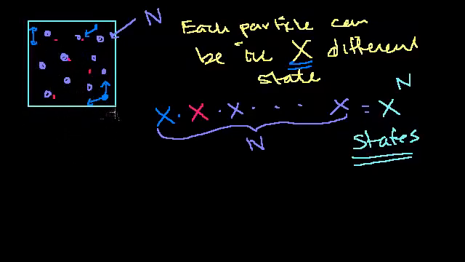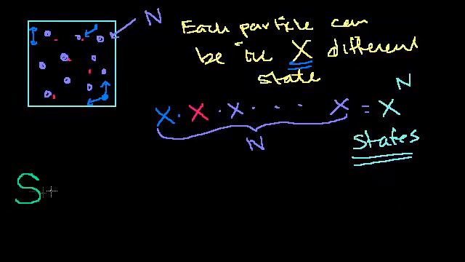This is kind of a macro state variable. And let's call it S for states. For the first time in thermodynamics, we're actually using a letter that in some way is related to what we're actually trying to measure.